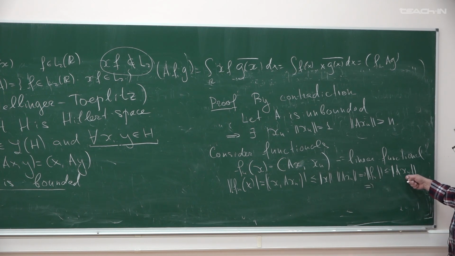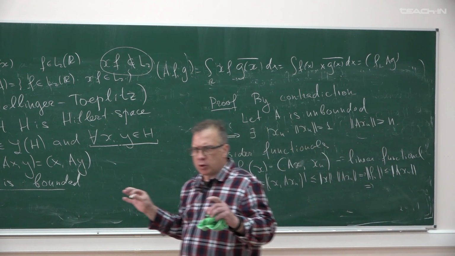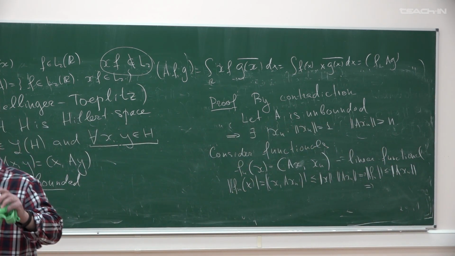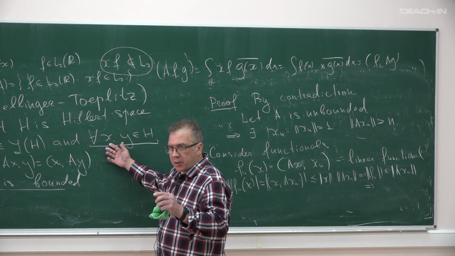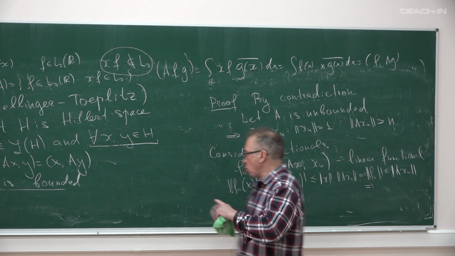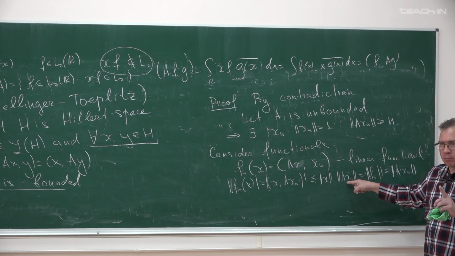It has its own norm, something which depends on n, but it is bounded. Your operator is defined for any vector, so this vector Ax_n is defined and has finite norm.